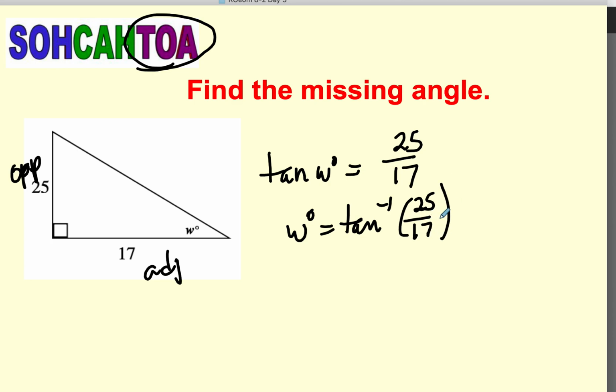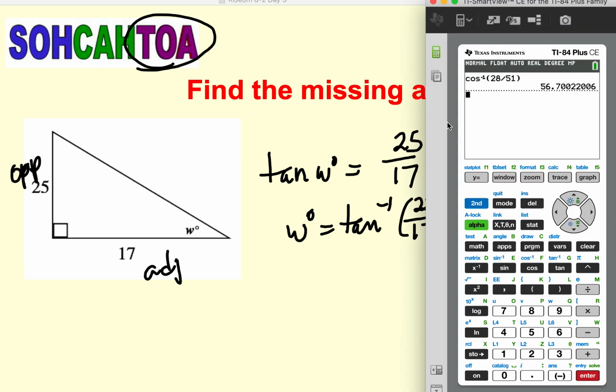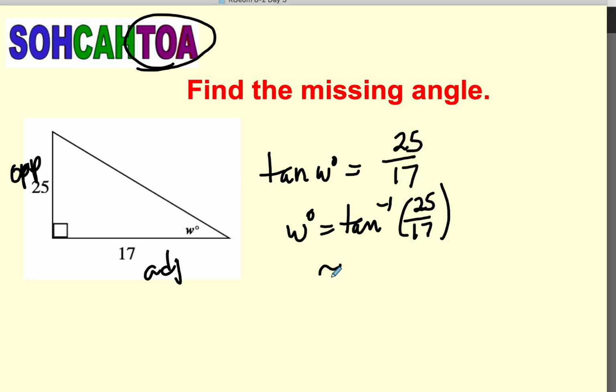We'll let the calculator figure that out. So this is going to be, let's clear, second tangent, and this is 25 divided by 17. And then enter, and this is 55.8 degrees, so approximately 55.8 degrees.